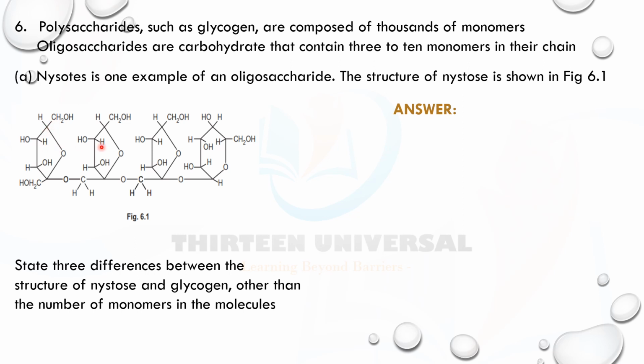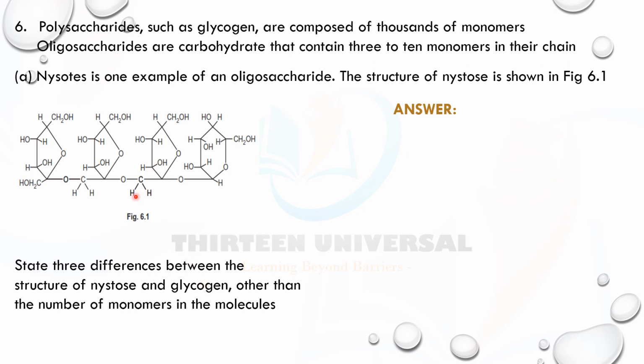So this is fructose, this is also fructose, but this is a glucose molecule. 1, 2, 3, 4, 5, and then 6. So this has 2 monomers, fructose and glucose. Glycogen has only 1 monomer, alpha glucose. Good, so I've given you 2 differences now.